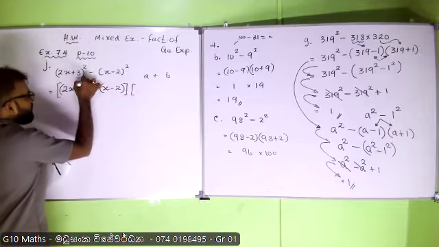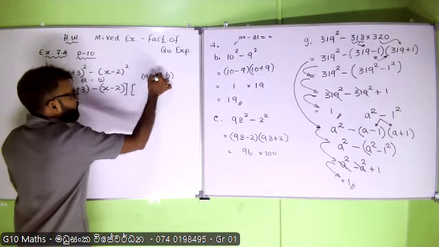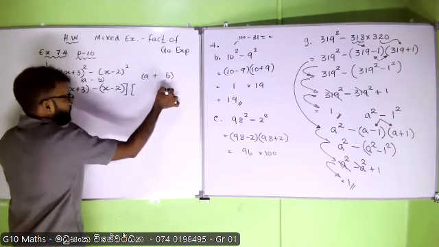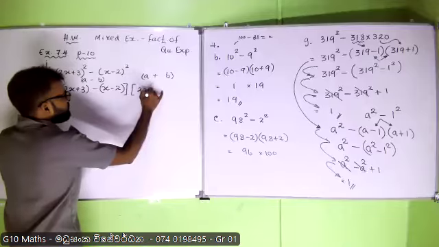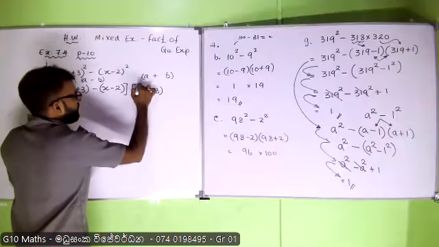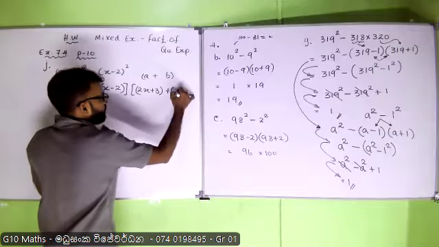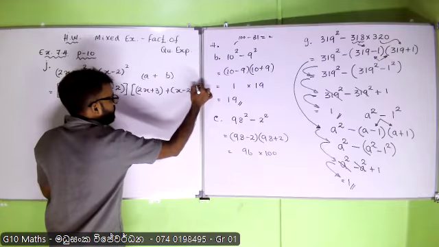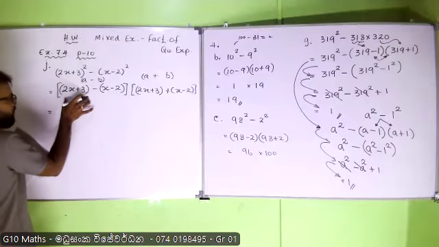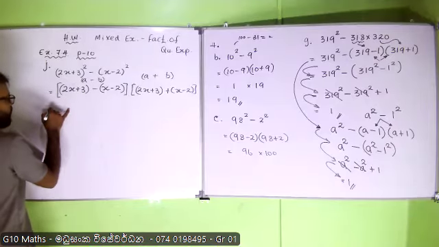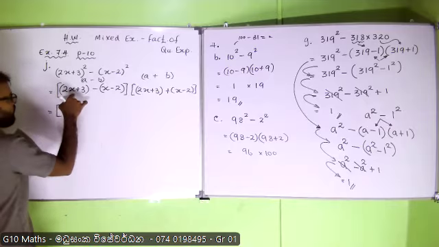So a means 2x plus 3, bracket, plus b means x minus 2. Now all of you are doing this step: 2x plus 3.